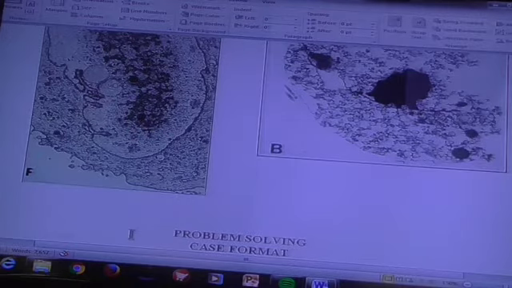I think with pyknosis there would be multiple aggregations. I put pyknosis. I thought it was condensed. It's not condensed though. Please, can you point out the inclusion bodies? It's the black. It's the black.